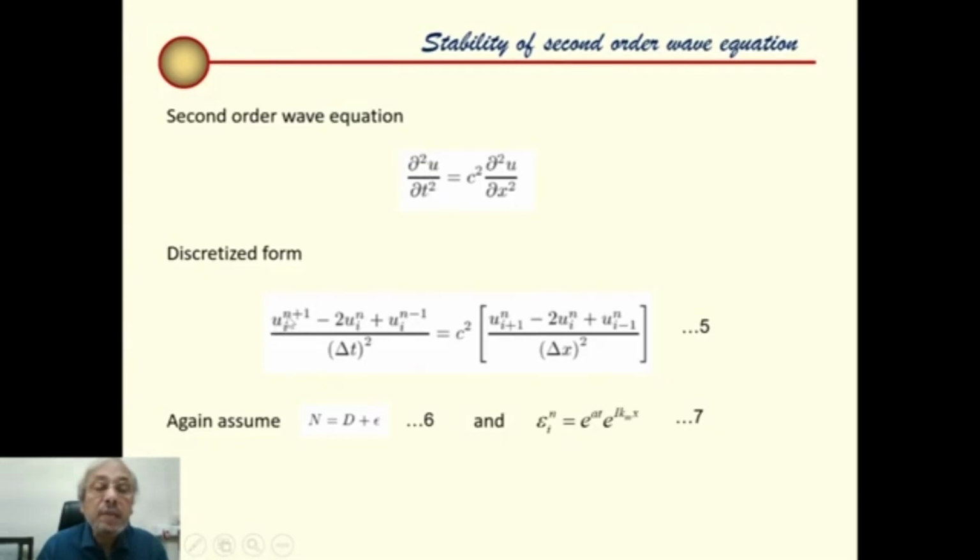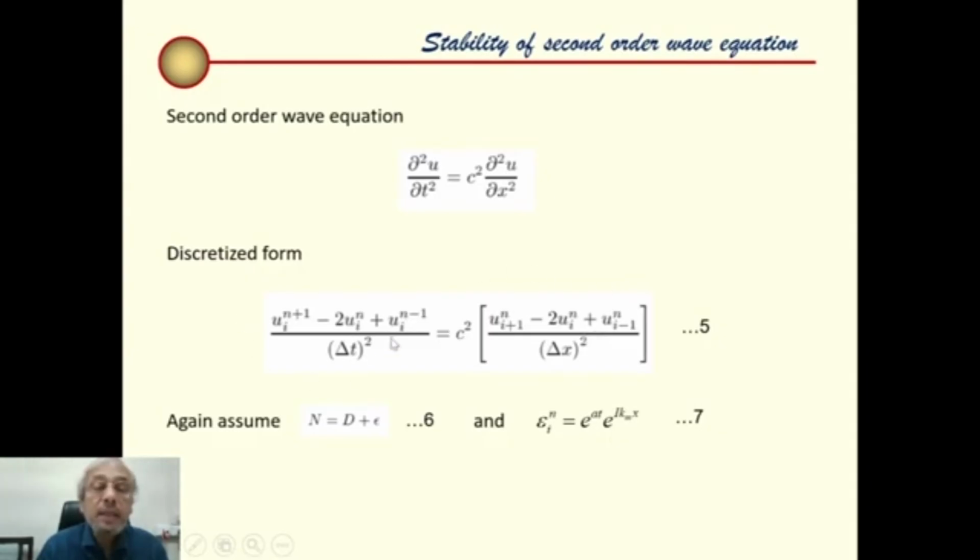So ui at n plus 1 minus twice ui at n plus ui at n minus 1, three time levels, divided by delta x square, equal to c square times del 2u del x2. Again we apply central differencing between i plus 1 and i minus 1 points around i, so all are at nth level, divided by delta x square.